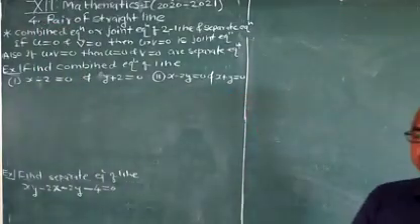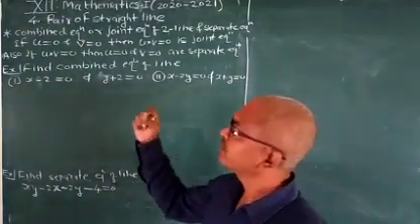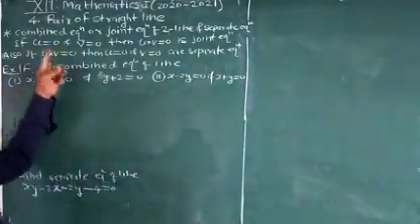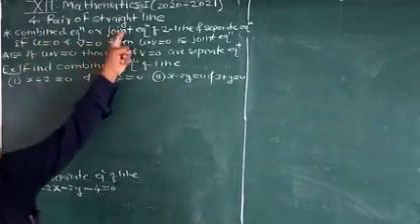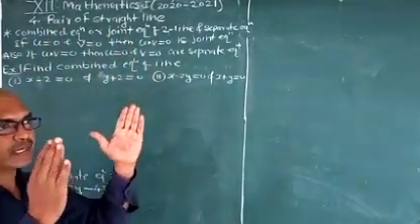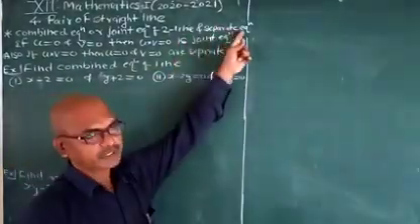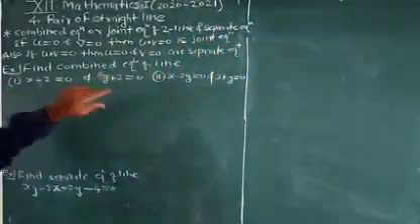In this chapter we have to take some standard results. We know the combined equation or joint equation of two lines, and their separate equations.